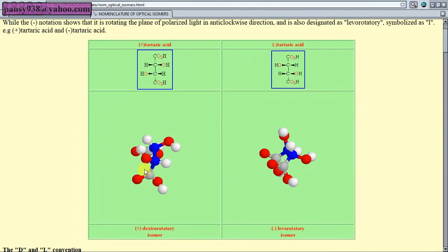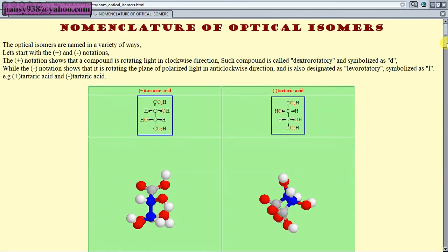If the experiments show that the compound is dextrorotatory, it is represented by the plus sign and is called dextrorotatory, and if it is found to be rotating the polarized light in an anti-clockwise direction, it is called levorotatory and is symbolized as small l.